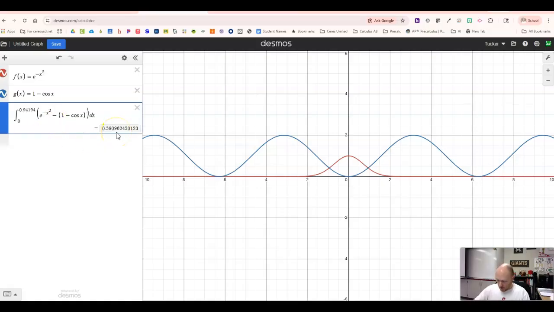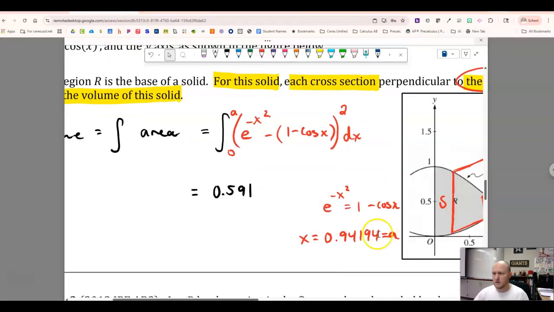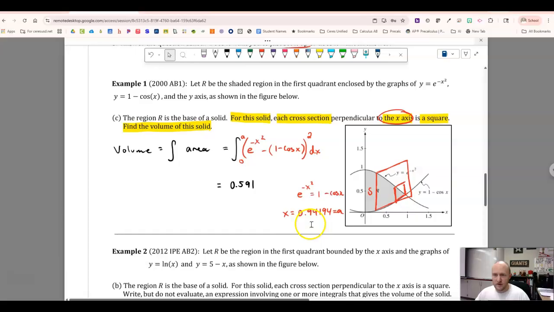And there is our value, which is 0.591. There you got it. That's how we find volume. You integrate area, and our area shape is a square for this example.